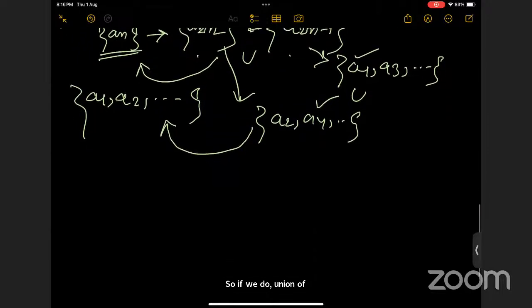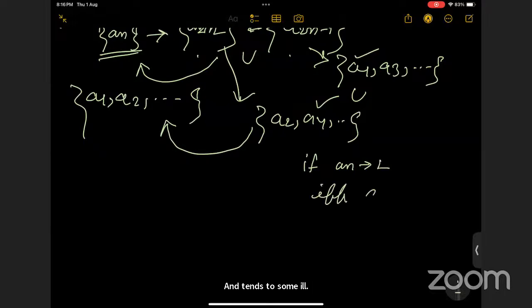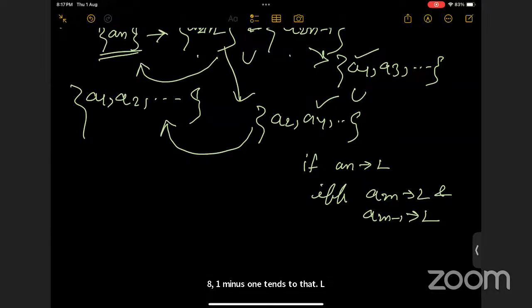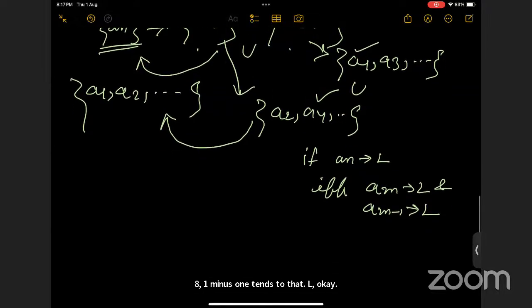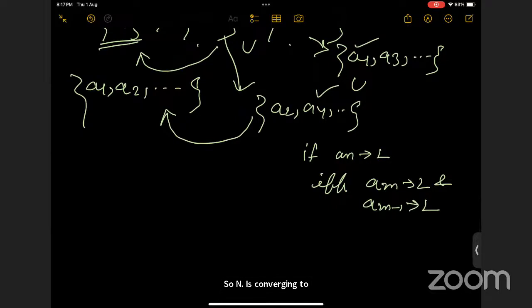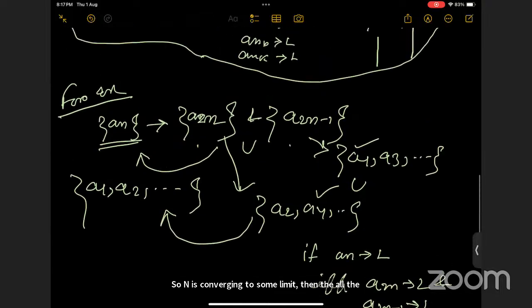So for this type of case, a_n tends to some L if and only if a_2n tends to L and a_2n minus 1 tends to that L. So if a_n is convergent to some limit, then all the subsequences should converge to the same limit.